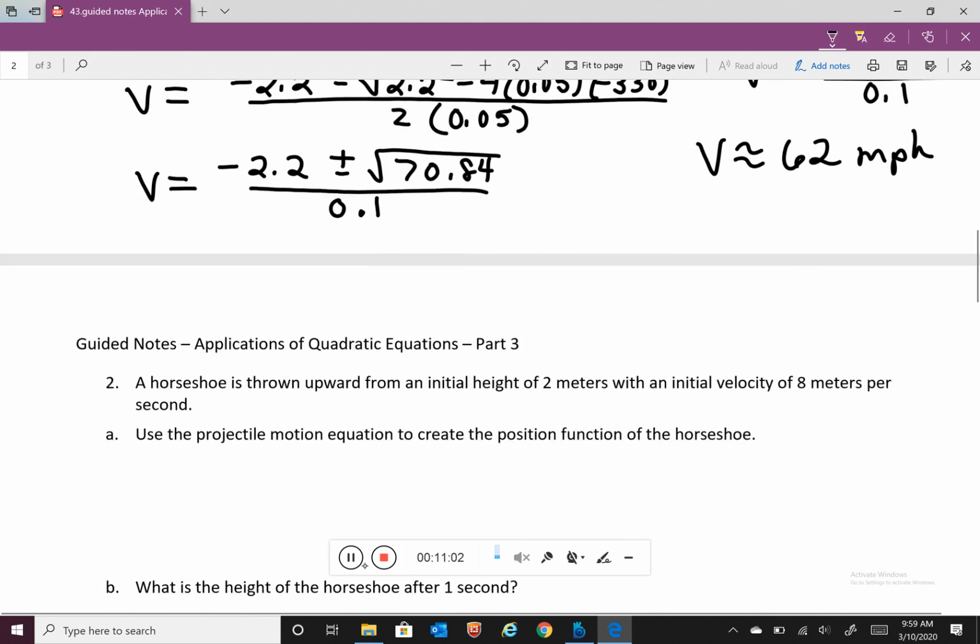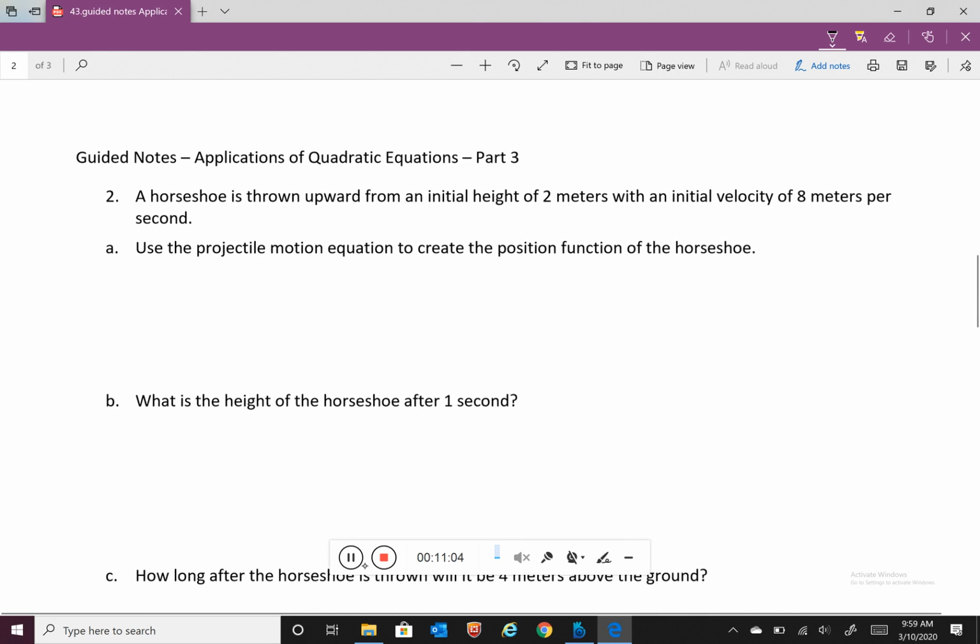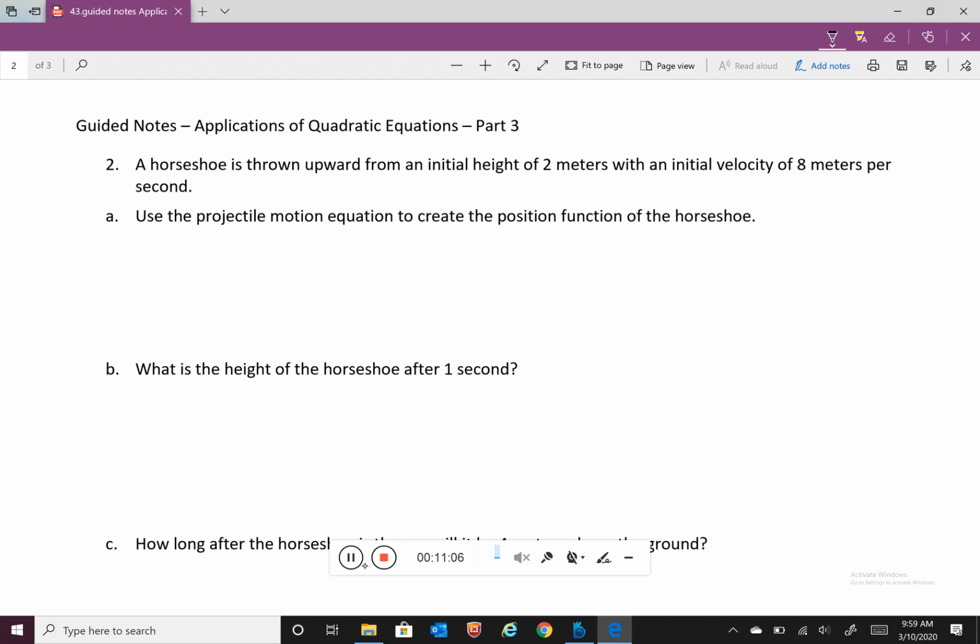Our next question. A horseshoe is thrown upward from an initial height of 2 meters with an initial velocity of 8 meters per second. And so we're going to use the projectile motion equation to create the position function of this horseshoe. So because this is in meters, that means our gravity is 9.8 meters per second squared.